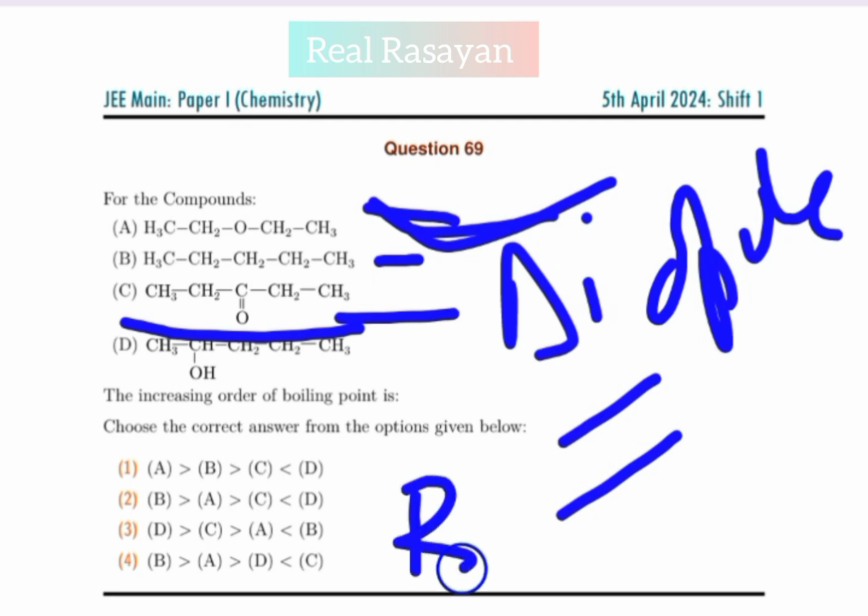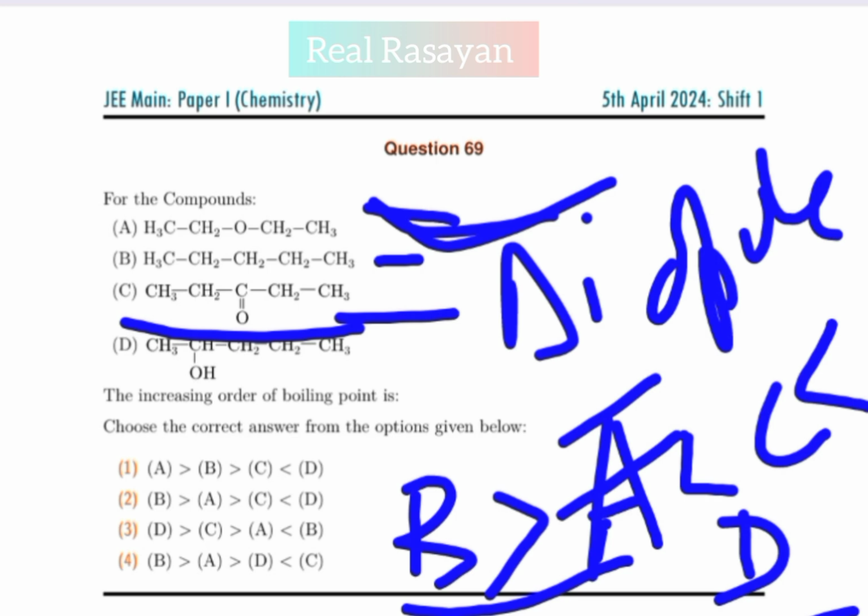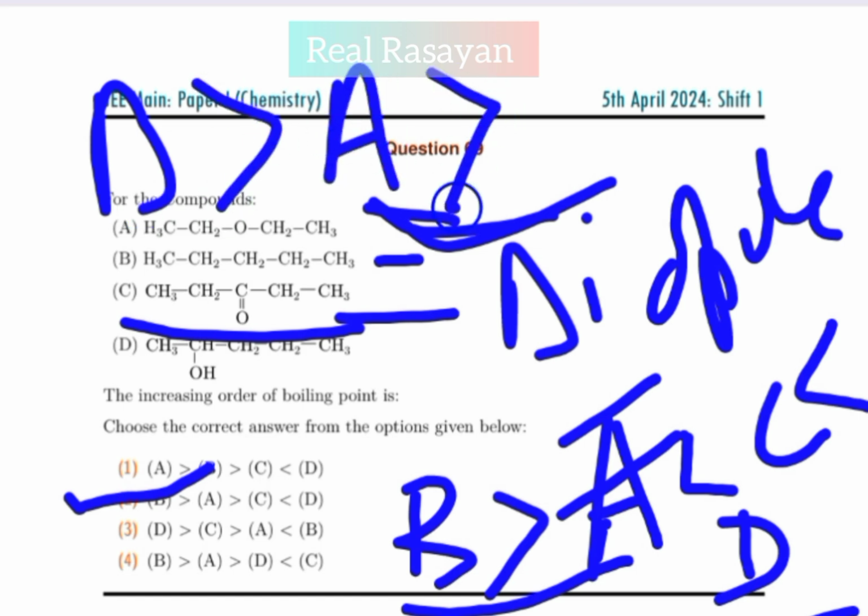So the order will be B, then A, then C, and then D, which has the highest boiling point.